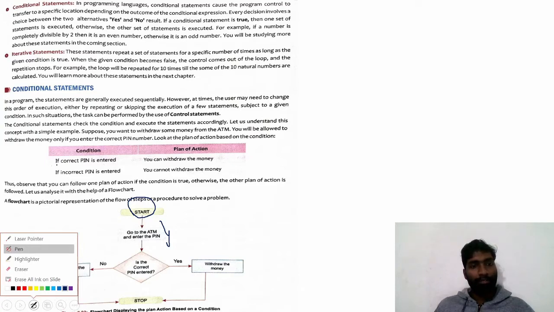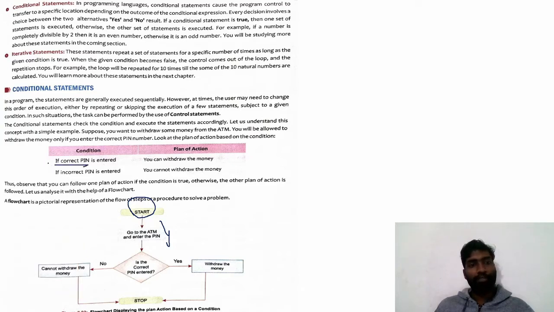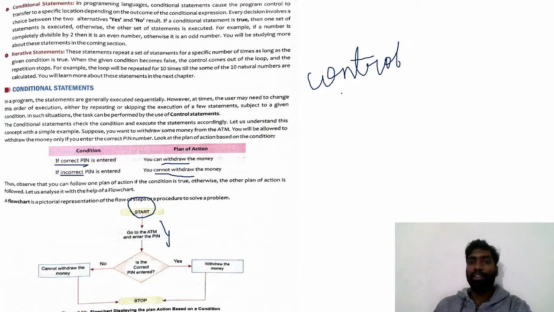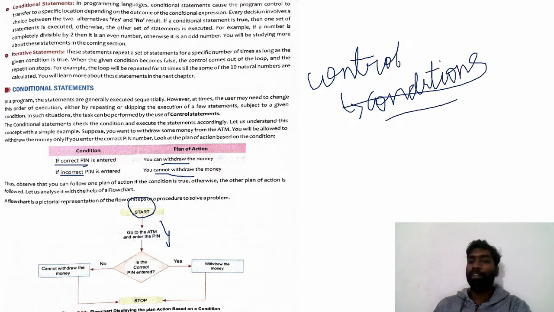If the pin number is correct, you can withdraw. If incorrect, you cannot withdraw. This is a condition. So whatever control statement is there, it will work with the help of the conditions.